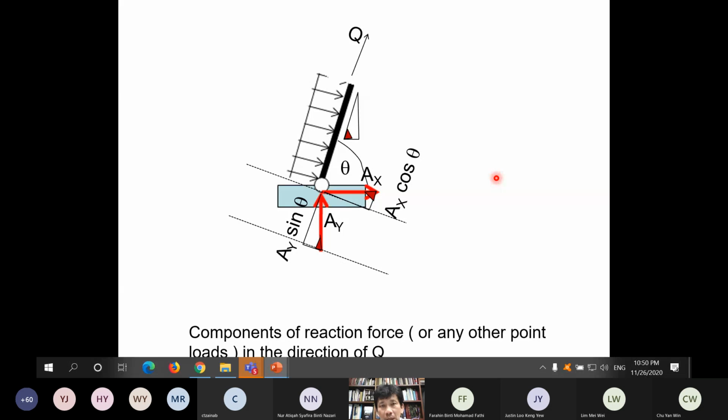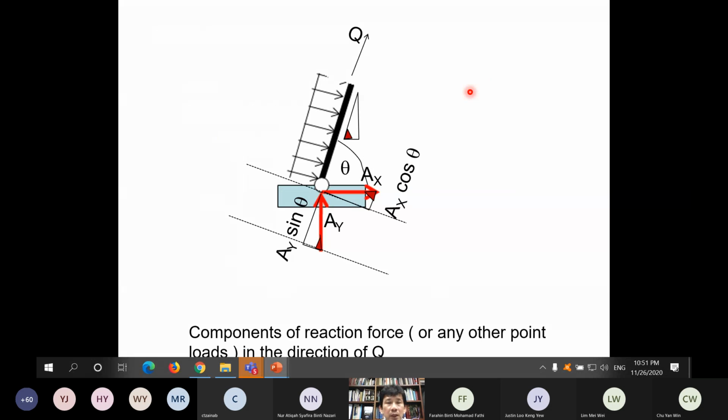To calculate axial force, we need this component from AX, which is AX cos theta now. We need this component from AY, which is AY sine theta. This one will be used when we want to calculate axial force in this member.